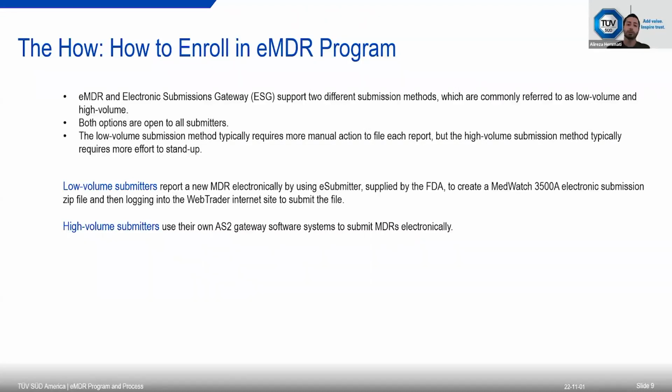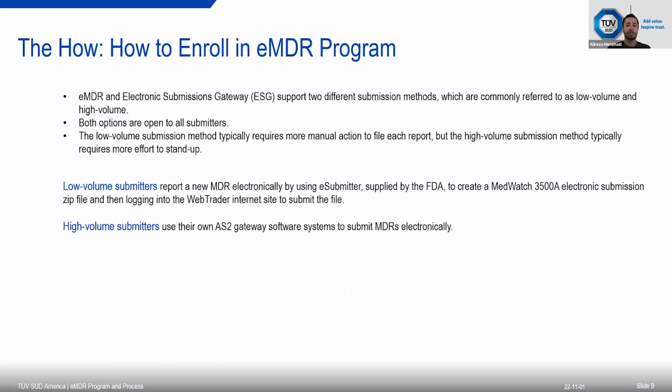In general, there are 2 methods of submitting eMDRs to FDA. The first method is via eSubmitter, and it is for low volume submitters. eSubmitter is supplied by FDA. It's free software that allows reporters to submit eMDRs individually. You can download it from FDA.